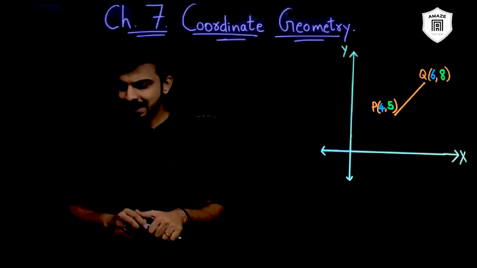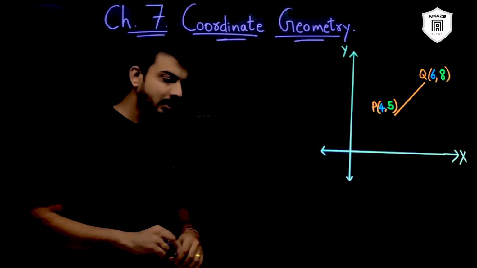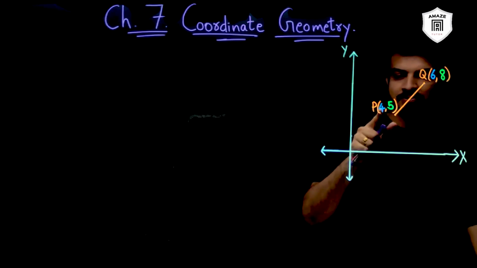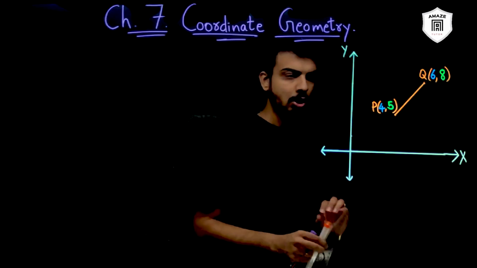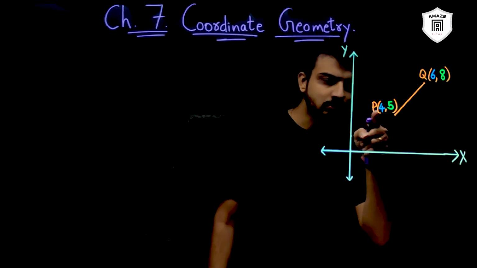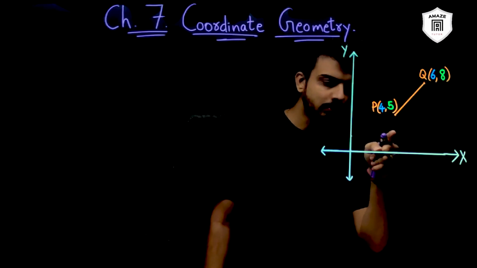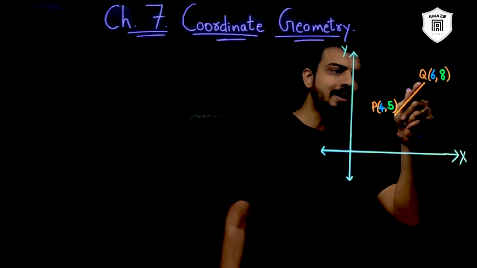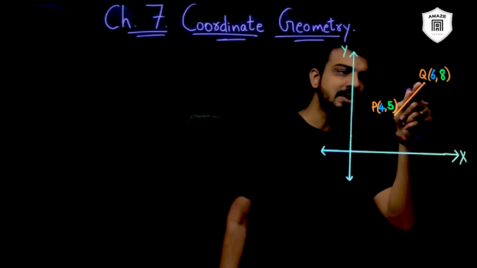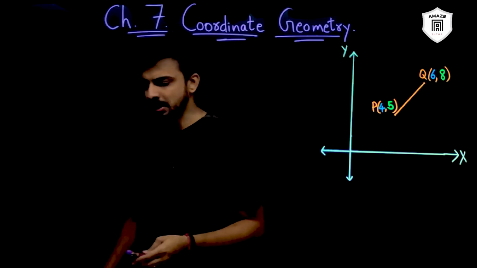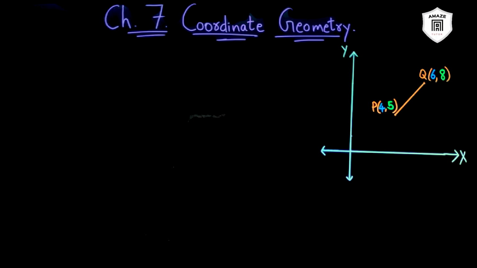If this point is 4, 5, what will be the coordinate here? This will be 4 and this will be 5, right? Similarly, for Q, 6, 8, here on the x-axis it will be 6 and here on the y-axis this point will be 8, right? So let me first write this down.